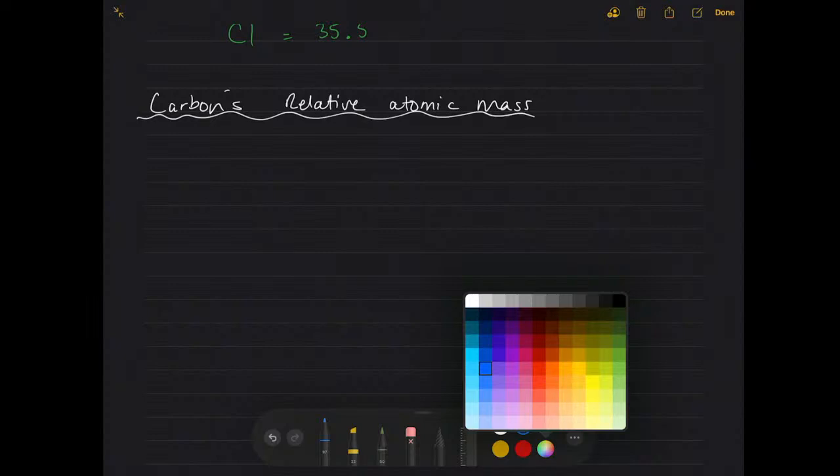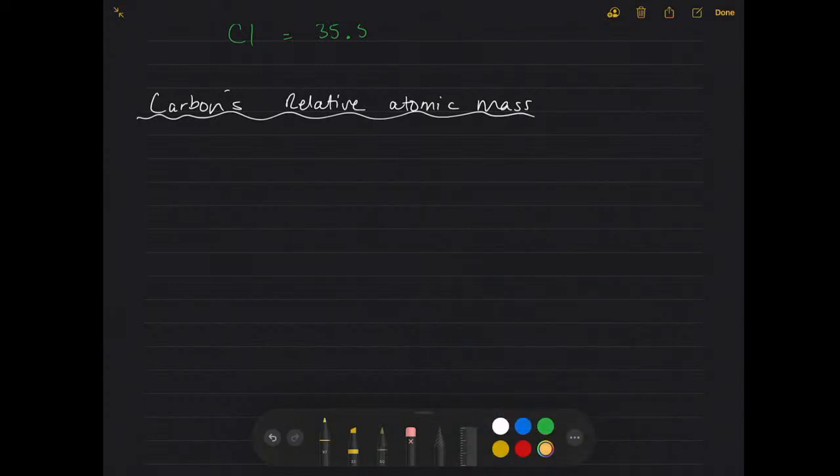We said that there are 3 isotopes: carbon-12, carbon-13, and carbon-14. This information will always be given to you in an exam. And what you need to know is something like 98 or 99% of all carbon is carbon-12.